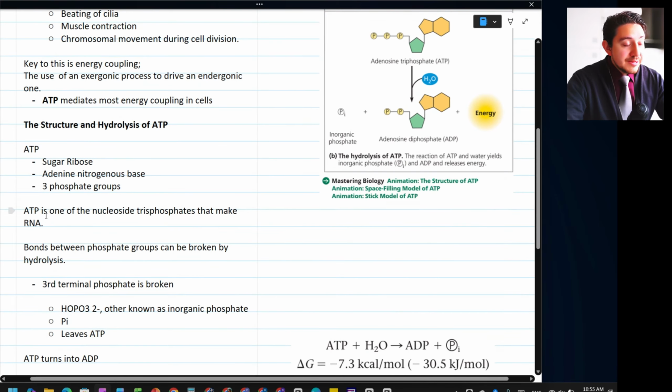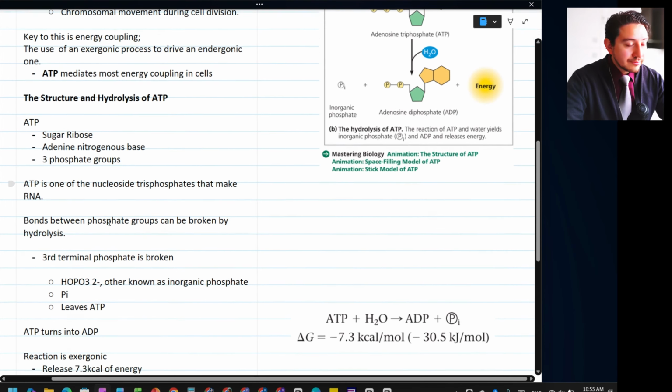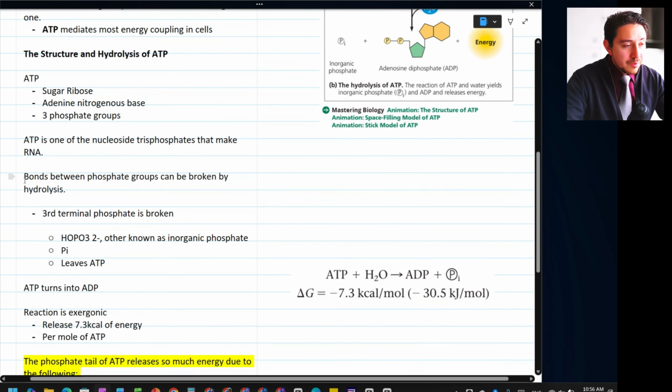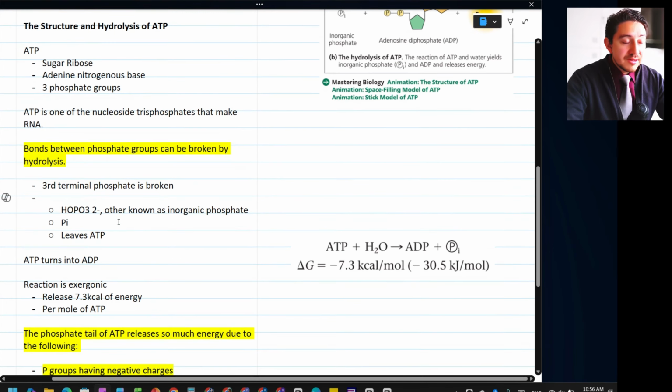And ATP is one of the nucleoside triphosphates that make RNA. And moreover, what's important is this here. Bonds between the phosphate groups can be broken down by hydrolysis.